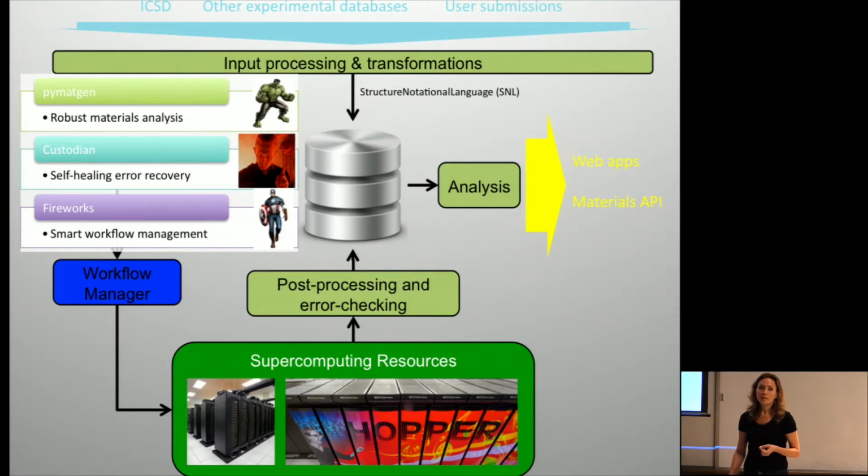There's Custodian, that's the self-healing guy that takes care of all the errors, and that's specific to the code you're using. If you're using a solid-state code, for example VASP or something like that, you have specific errors you take care of, and you have to write that customized. If you're using LAMMPS, or some other kind of atomistic code, you want to use your own custodian. And then pymatgen is the analysis software. These are all freely available codes. You can go and check them out on GitHub.